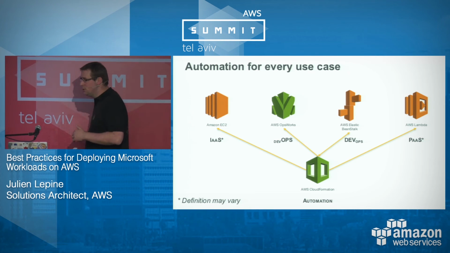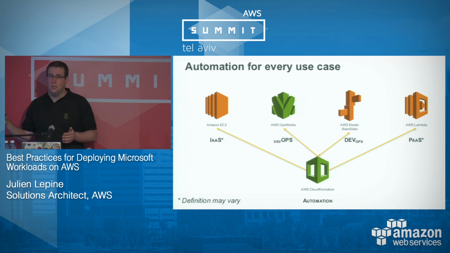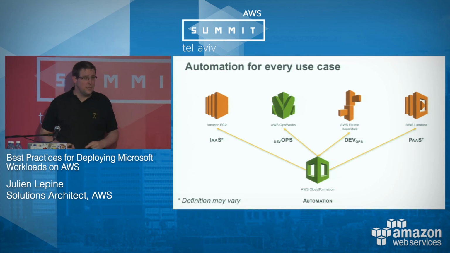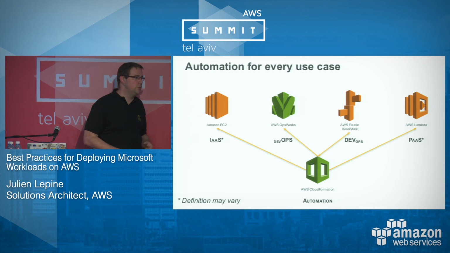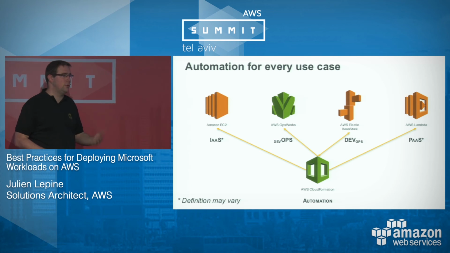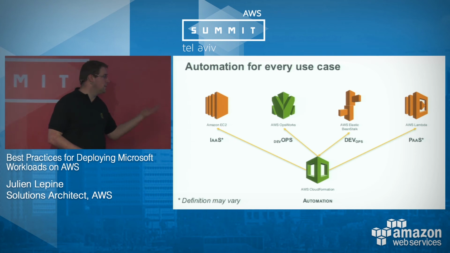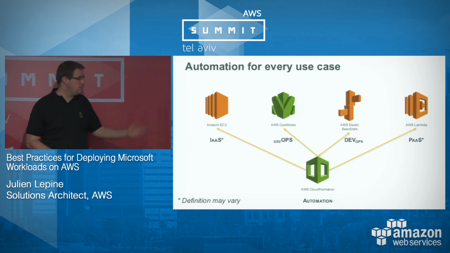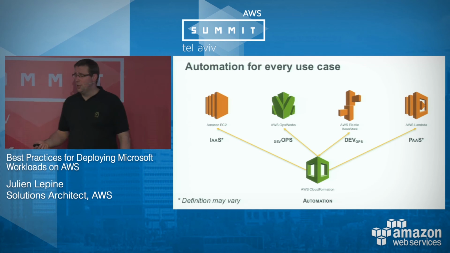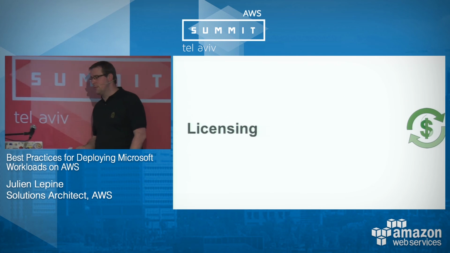You can choose to use all of them in combination, and you can even automate all of that using AWS CloudFormation, which is a fully automated environment where you describe your stacks and you can run replicable stacks. Say you want to deploy in multiple regions or multiple environments of the same application. Using CloudFormation, you can do it really fast.